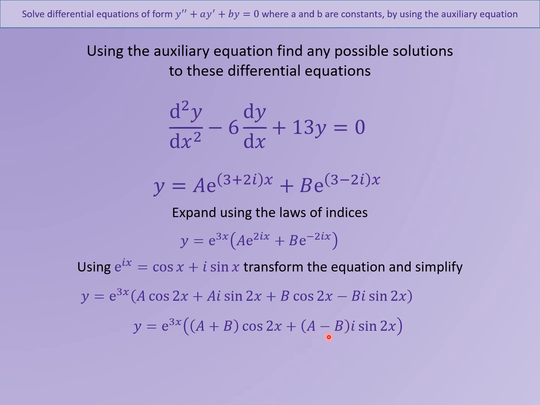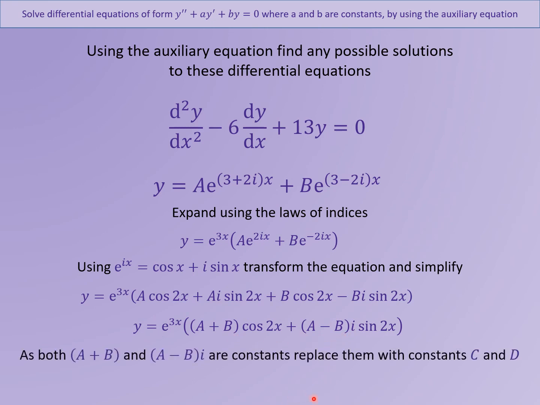So a minus b times i is still a constant. What I can do with these two constants is just replace them with another letter. Let's just go with the next letters down, C and D. So really, I could write this as y equals e to the 3x, C cos 2x plus D sine 2x.